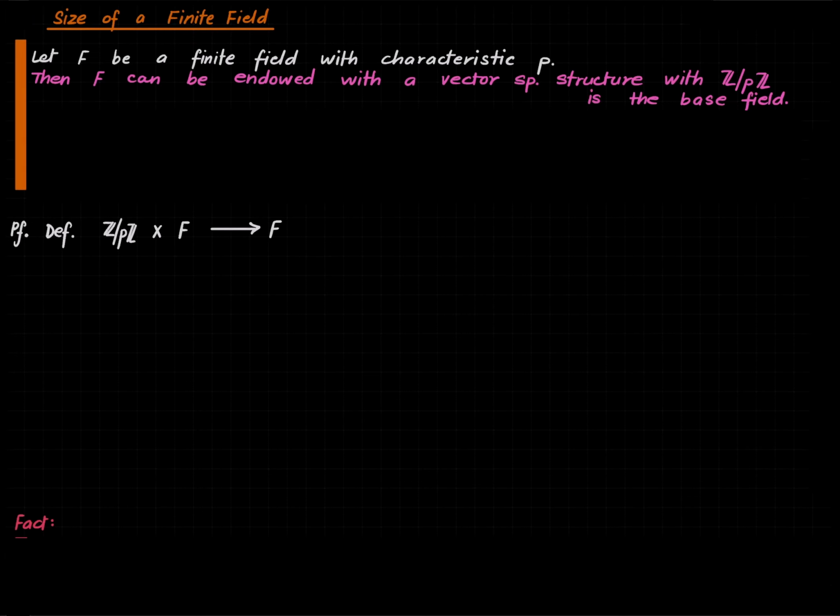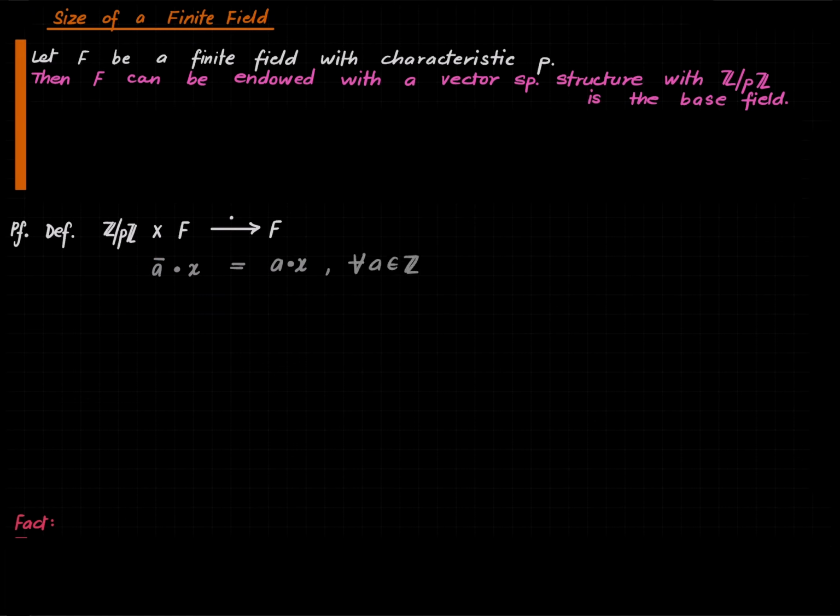I will write a bar scaling x is defined as a dot x. Now you may be very confused at this point. This dot is what we are defining. This dot is this dot. Again, dot is very abused, but what can you do? So we are defining this guy, and this is nothing but the image of the pair a bar comma x under this dot. So this is how we write it, right? And this dot is what we defined earlier. a is an integer. So this is for all integers a.